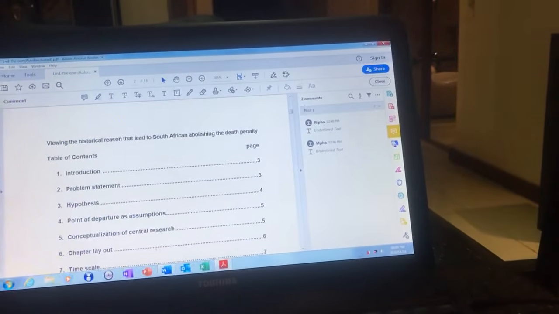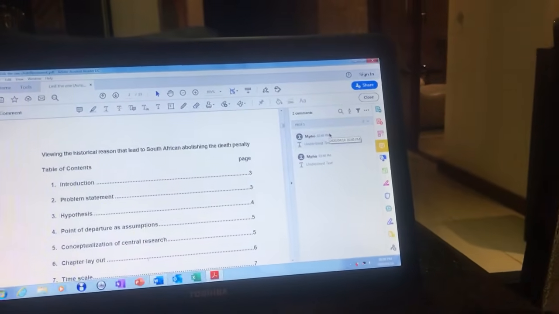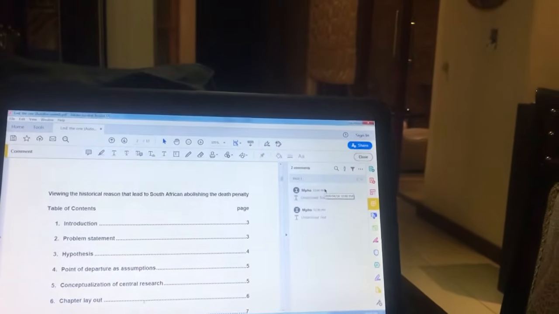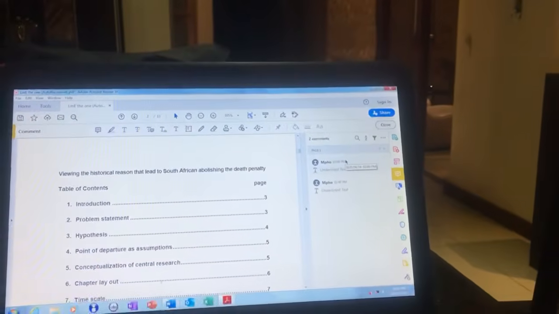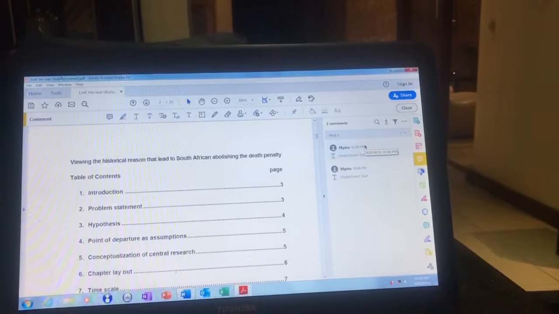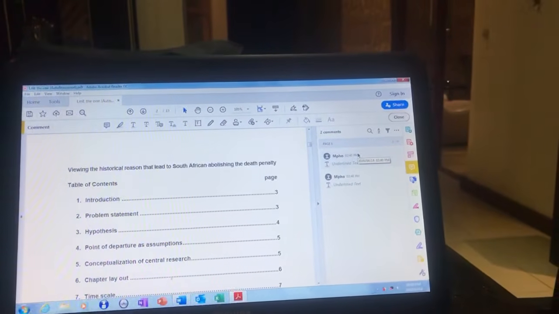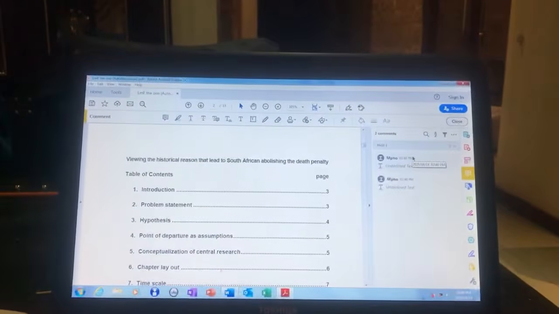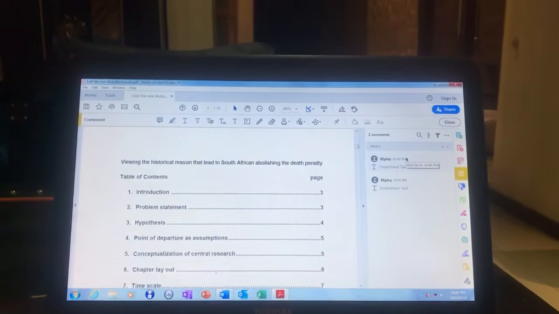Now, secondly, what is needed is a table of contents. On top of your table of contents should be your title again. This is a different title to the one that you saw on top, but in this case it should be the same title as your cover page.